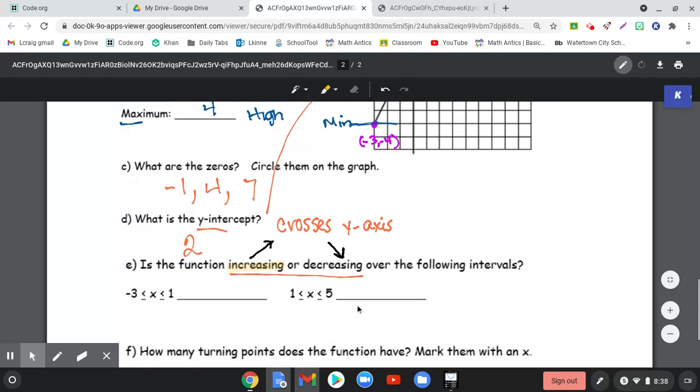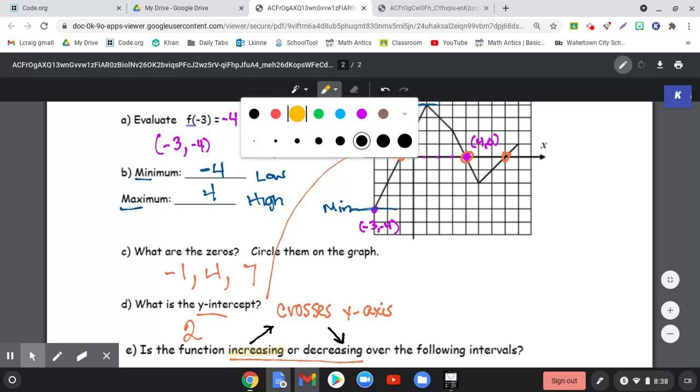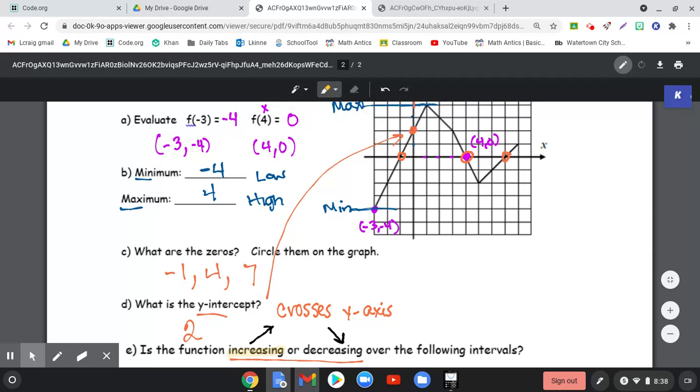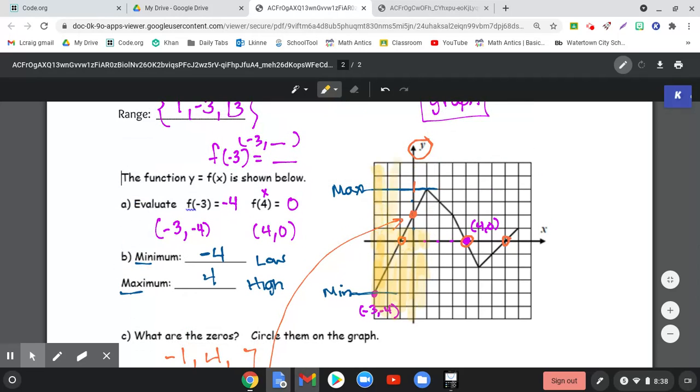Now these intervals, it's like looking at the x values from -3 to 1. We just want to look in there. So find -3 to 1. Here's -3. Here's 1. So anything in this area where your x's go from -3 to 1.